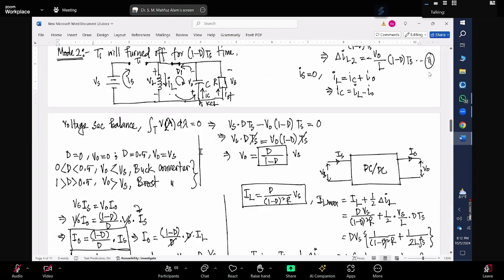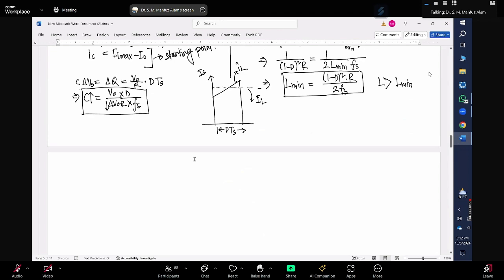Yes, sir. So now how can we get the average value of the source current? The average value of the source current is what? My total time period, suppose this is 1 minus D multiplied by Ts. So that should be my total time period, right? Ts. So it should be 1 over Ts, then the integration of is dt.